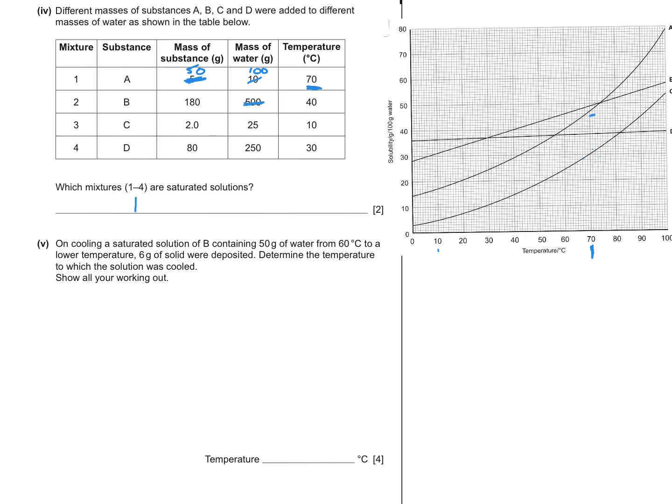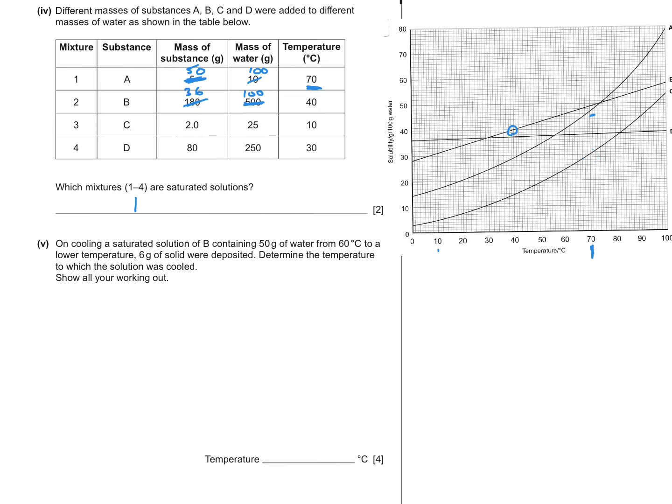So let's try number 2, or mixture 2. Okay, I'm going to convert that to 100 grams of water. I divide that by 5, so that means I would divide this by 5 as well. That would be 36. So at 40 degrees C, this is substance B. So I need to go up, and I can see that substance B is there. That's on 40.